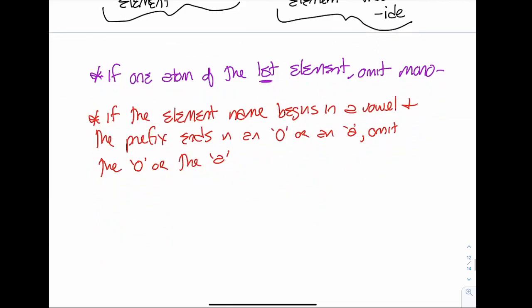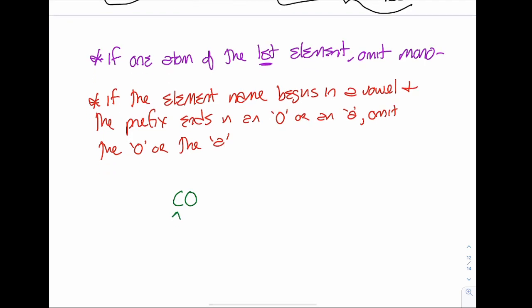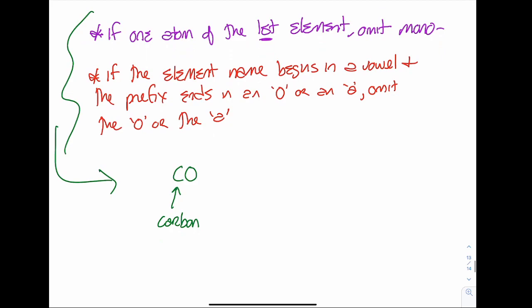So if I was to write CO2, actually just CO. So I have one carbon. Because it's the first one, I'm just going to say carbon, right? These are examples for my exceptions, right? Not monocarbon.